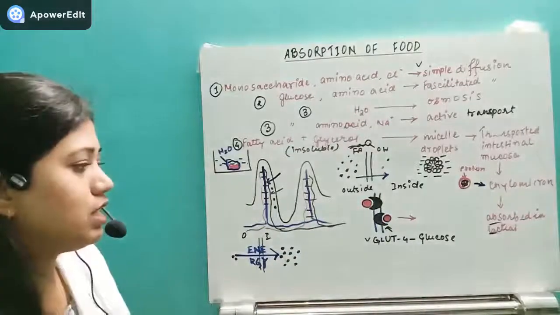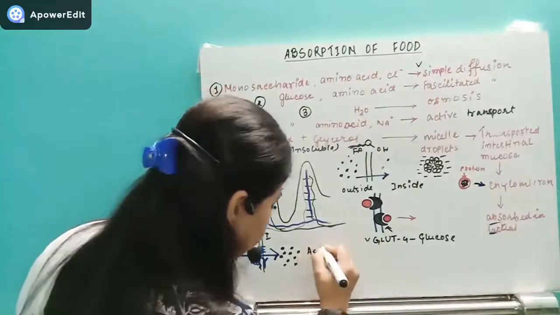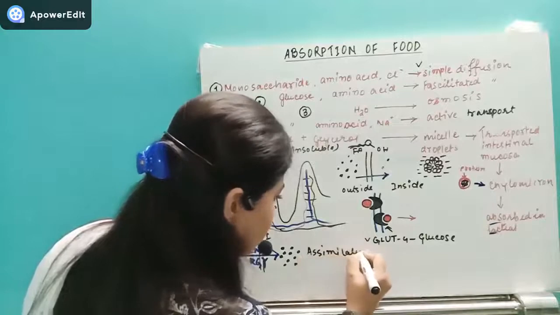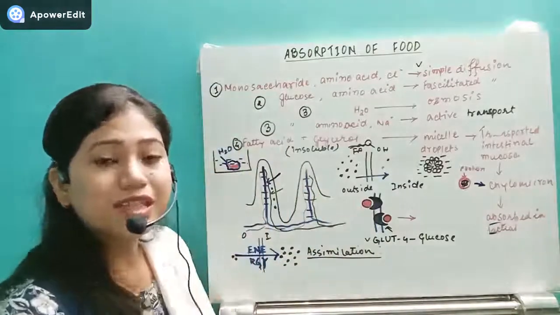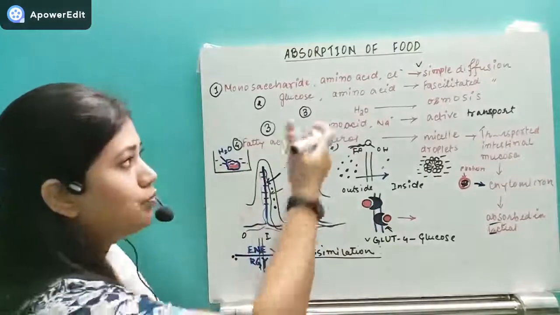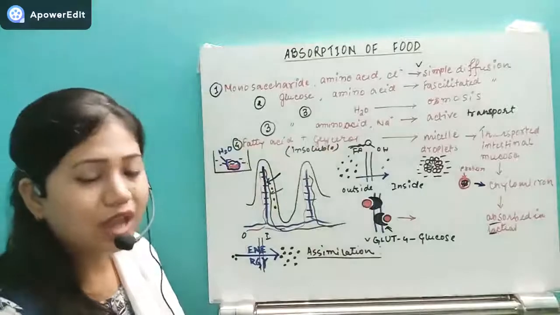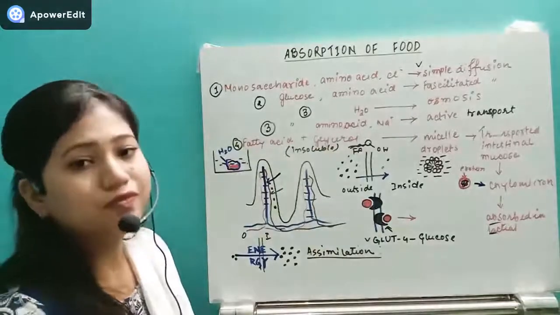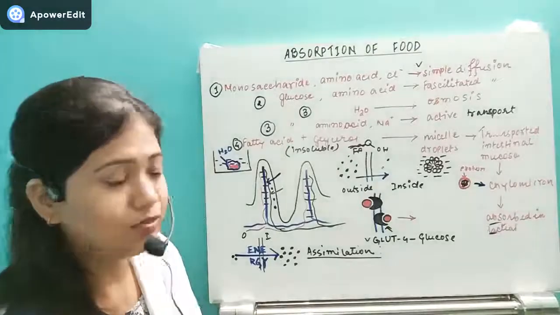After that, let us move to the next process, that is assimilation. So what is assimilation? Assimilation is a process by which the cells take the absorbed food materials, that are the monosaccharides or amino acids or the ions or water, for its metabolism. Then this process will be known as the assimilation process.